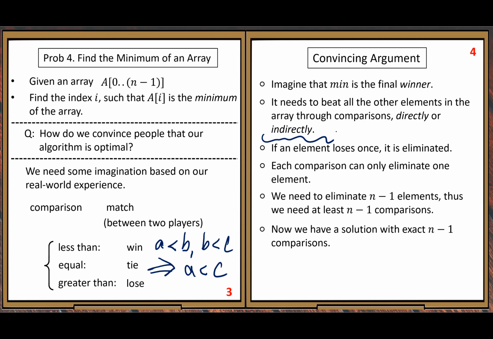Other people cannot do better. We have one that delivers the best performance. Is that argument convincing? I feel it is convincing. There is no hole here. The logic is perfect.